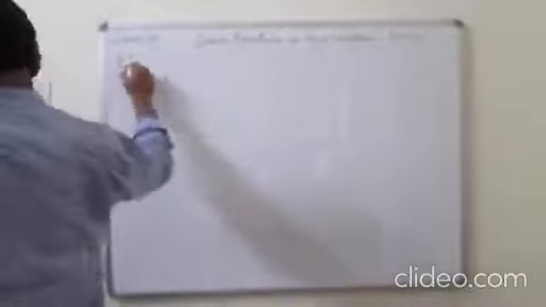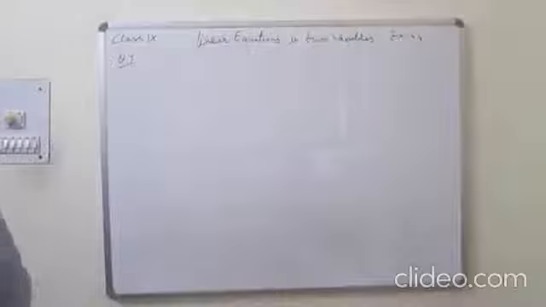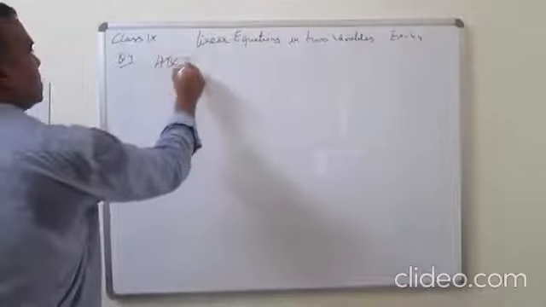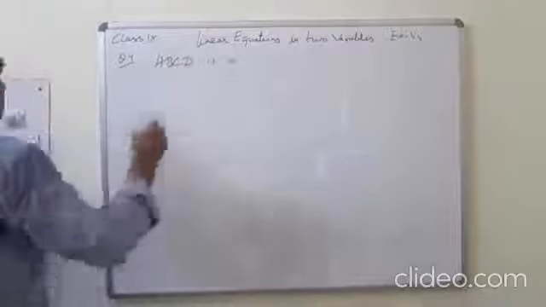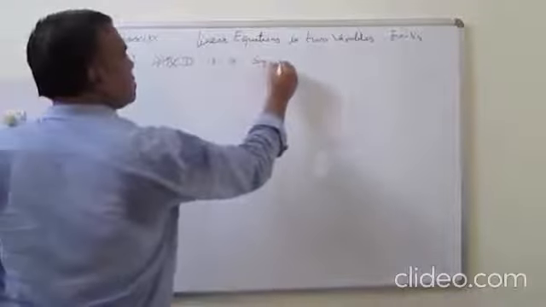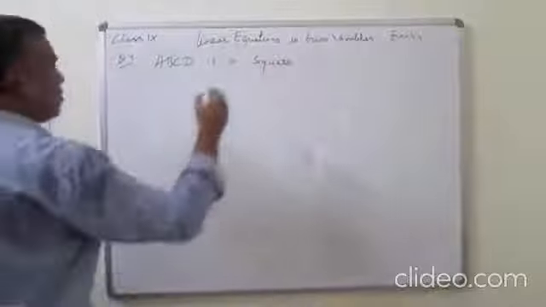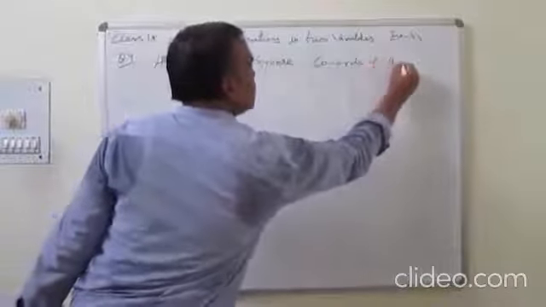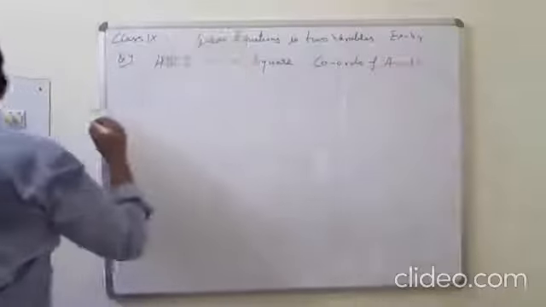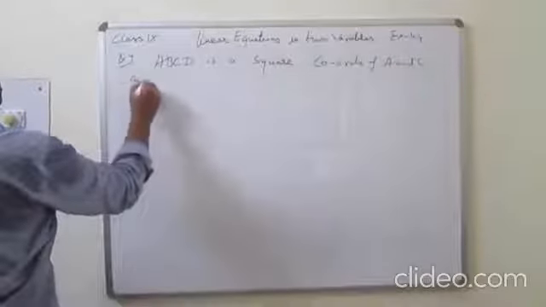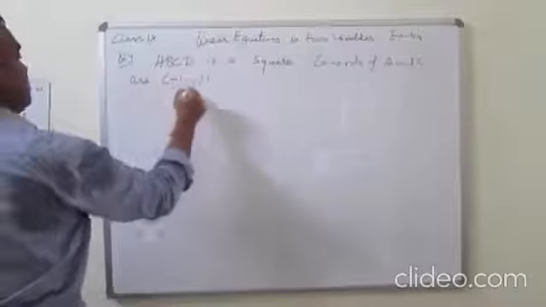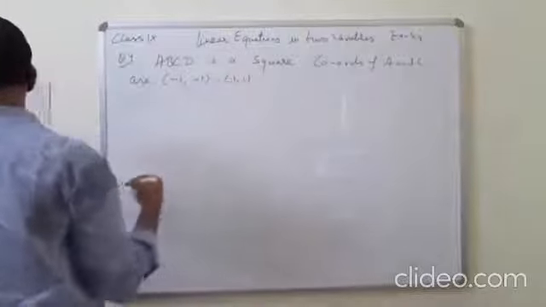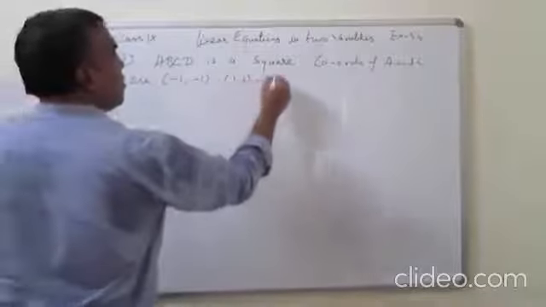Question 4. ABCD is a square. Coordinates of A and C are -1, -1, 1, 1.